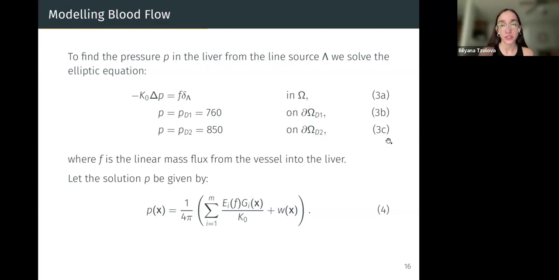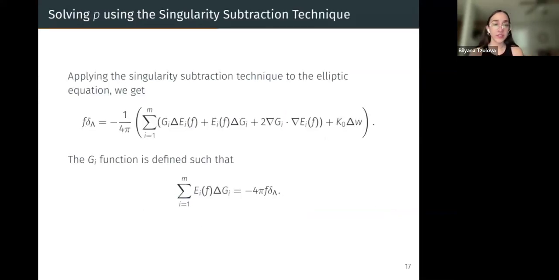So this is our system of equations. And in order to use the singularity subtraction technique, we're going to plug our solution P, which is the sum of these two terms, into this equation 3 that we're trying to solve. So that gives us the following equation.